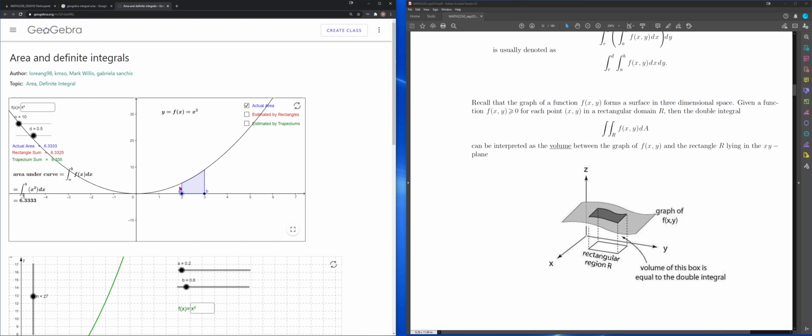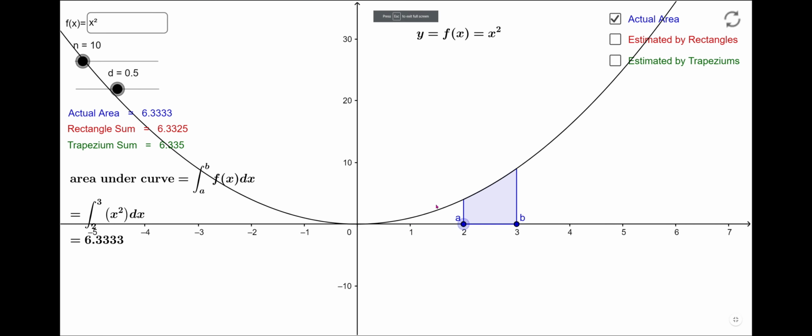So the piece from here to here is in fact what you get when you take this a to b and you push it up until it hits your graph. So it hits your graph over here. And this integral of a single variable, the interpretation is the area of this region.